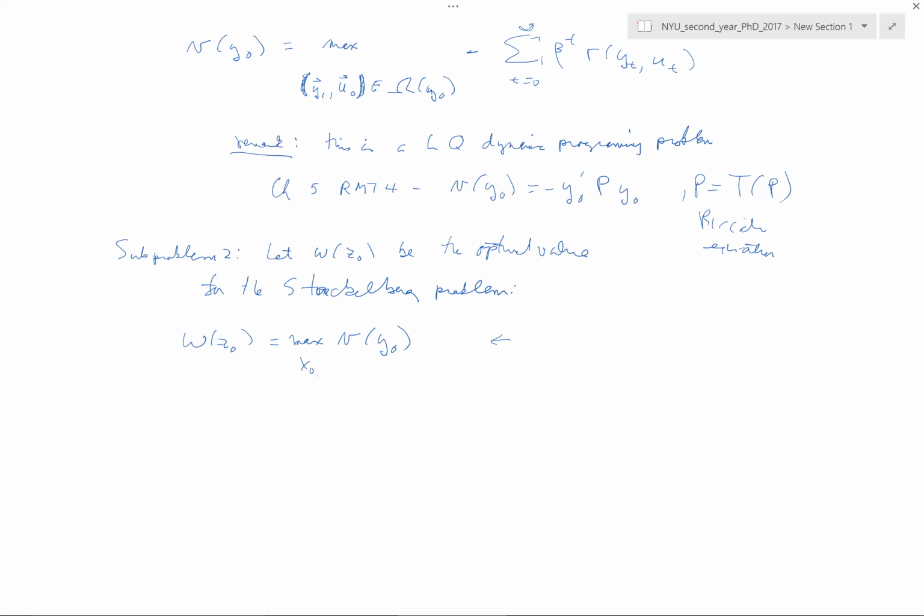So we can solve this problem because we know that V of Y is equal to minus Y0 prime P Y0. And now we'll just partition. So this is equal to minus Z0 prime P11 Z0 minus 2 X0 prime P21 Z0 minus X0 prime P22 X0.